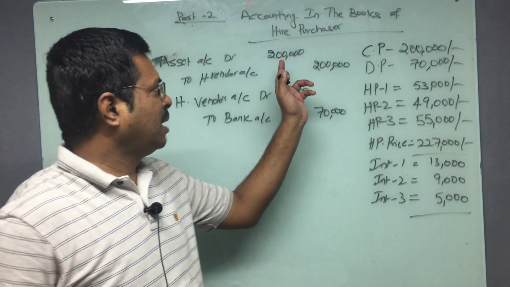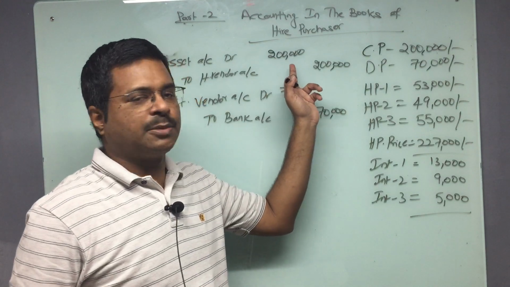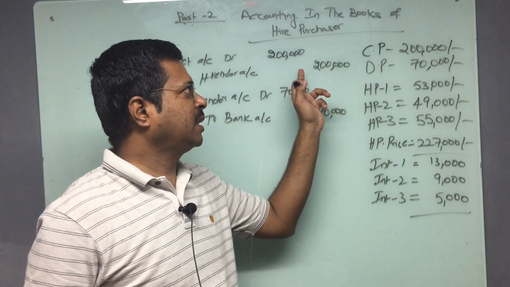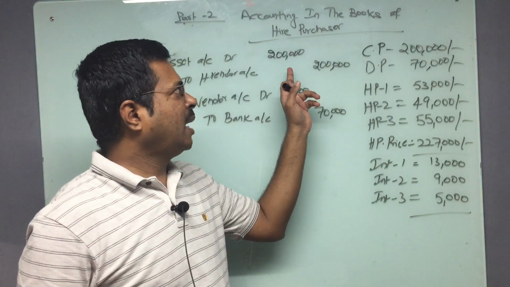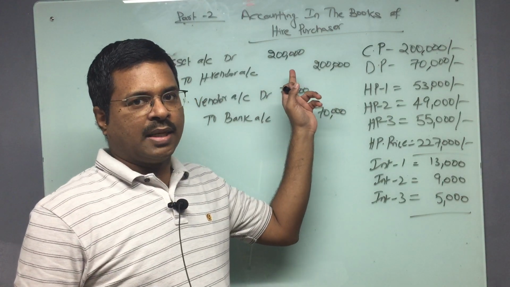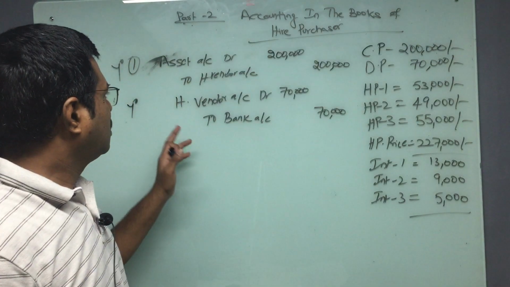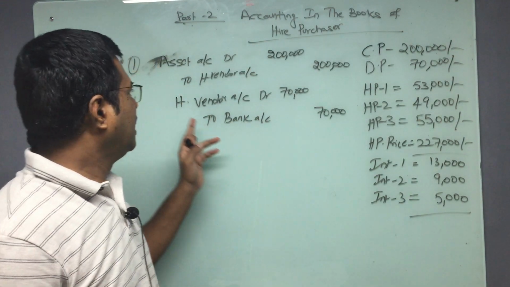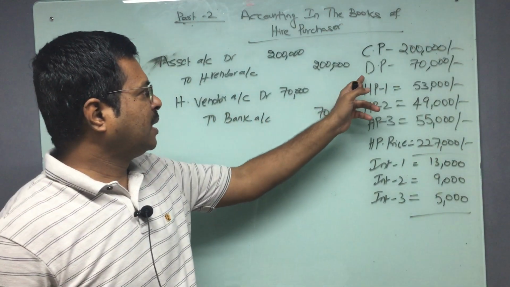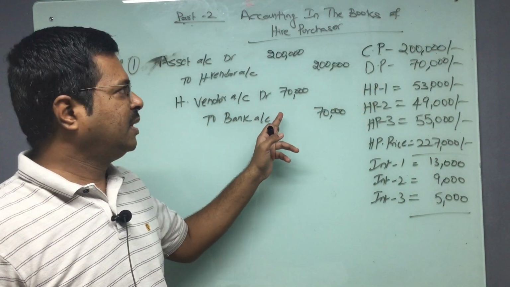Please remember, once again, it should be cash price, not hire purchase price. Interest is a finance cost, it cannot be added to the asset. This is the down payment entry, 70,000.